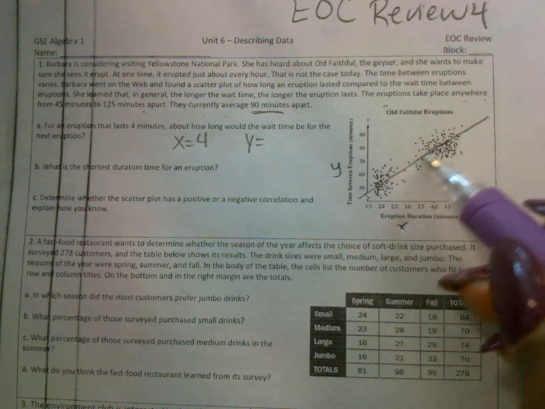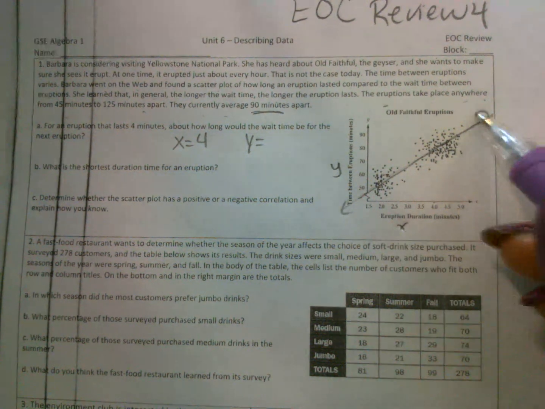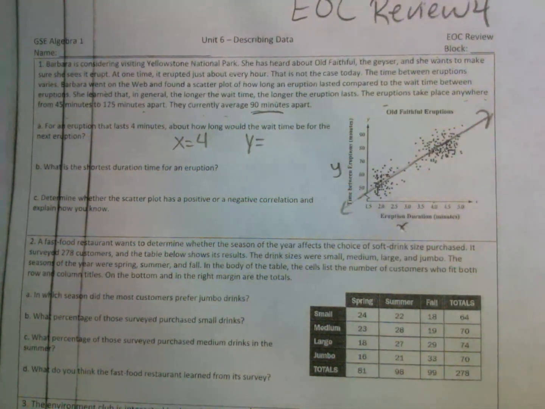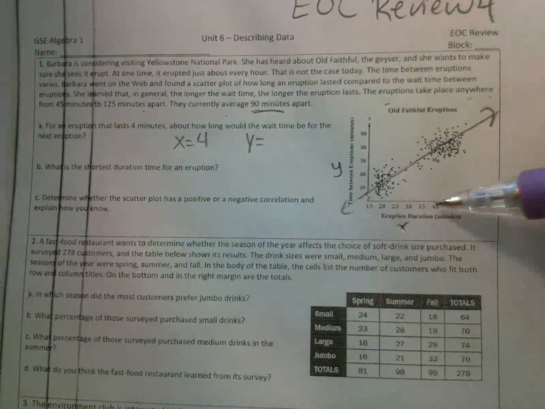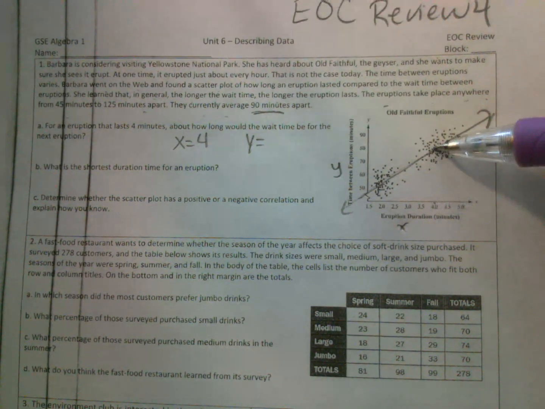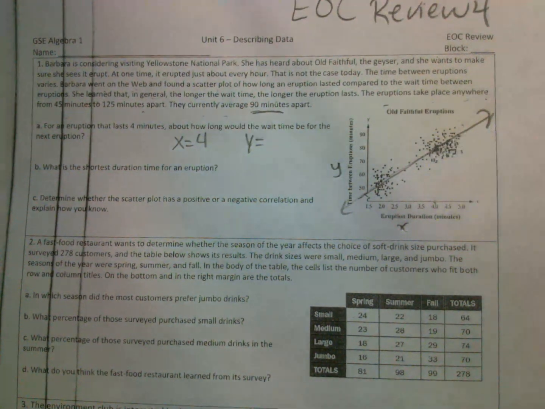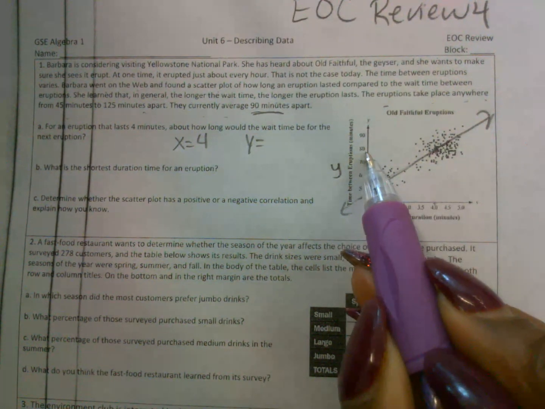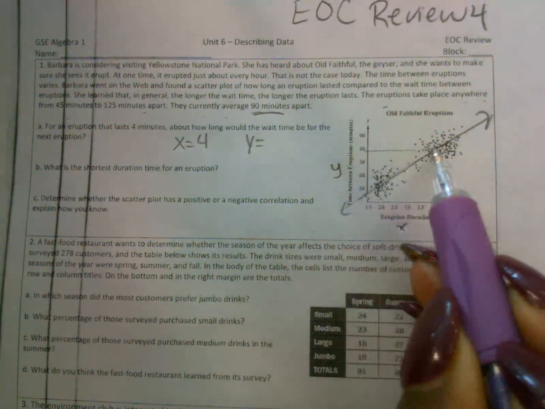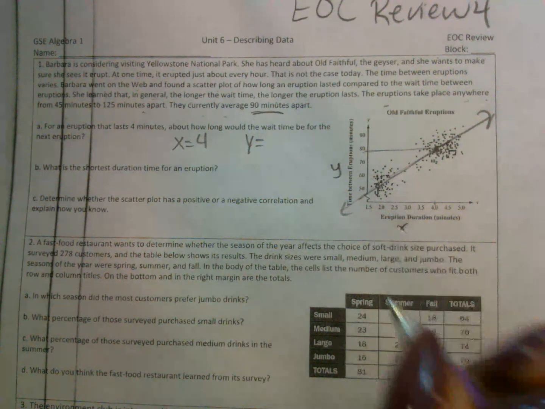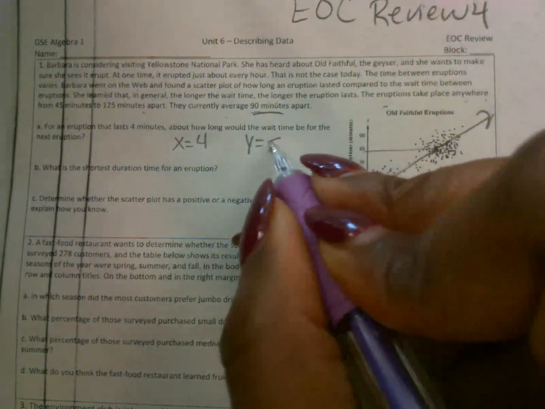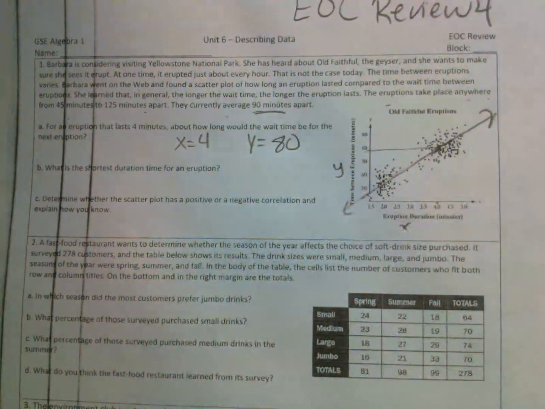Let's draw a fake line of best fit. I'm going to go up to 4 on the line, right in here somewhere. About what would that be for the wait time? About 80 minutes. Do you see that? So Y is equal to about 80 minutes. Does that make sense?